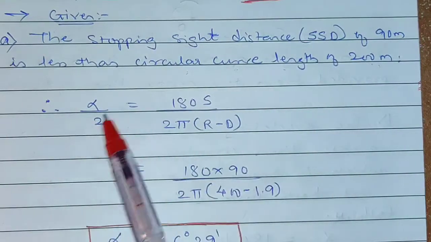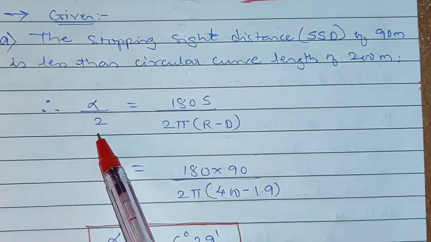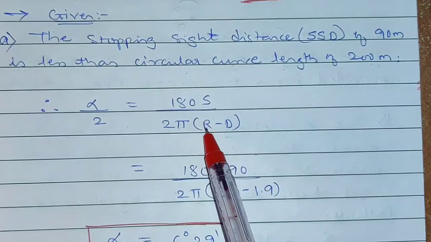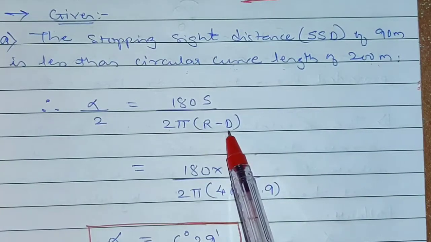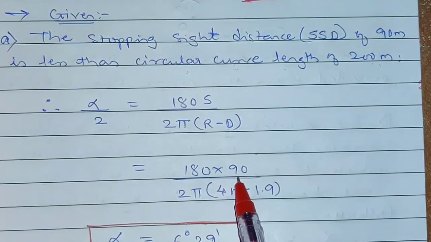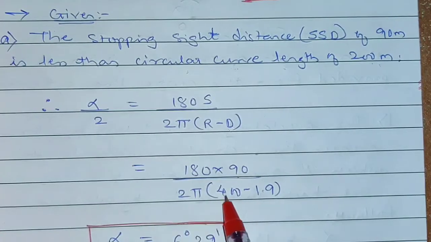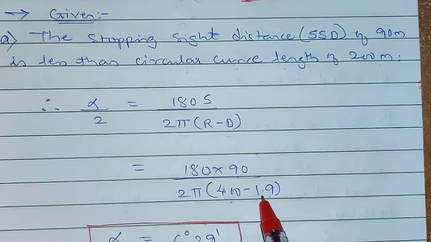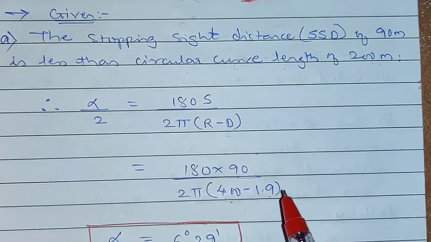We'll use the formula alpha by 2 equals 180 into S upon 2 pi into (R minus D). So substituting the values, we get 180 into 90, where 90 is the stopping sight distance, upon 2 pi into (400 minus 1.9), where 400 is the radius, whereas D is the distance between the center line of the road and the inner lane.